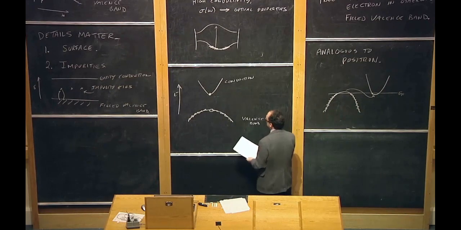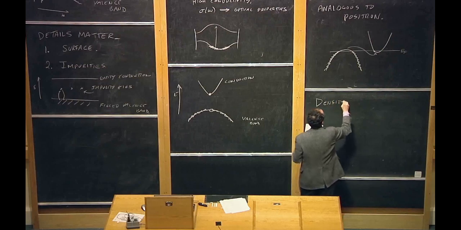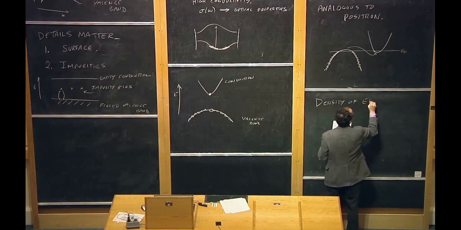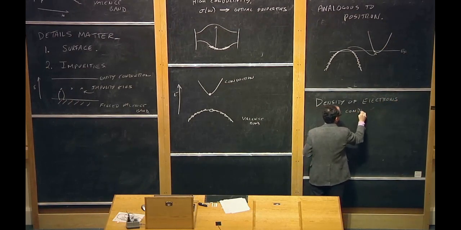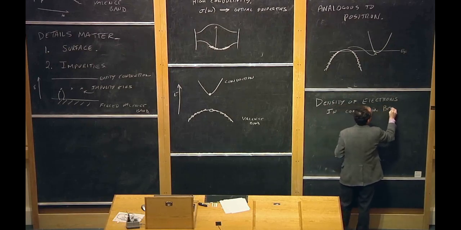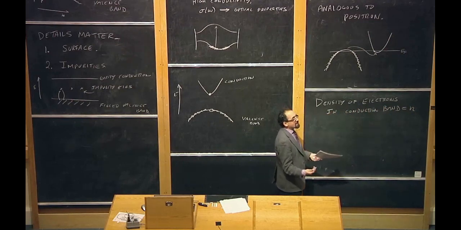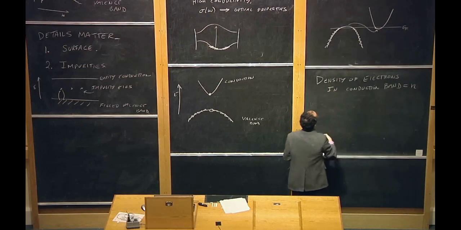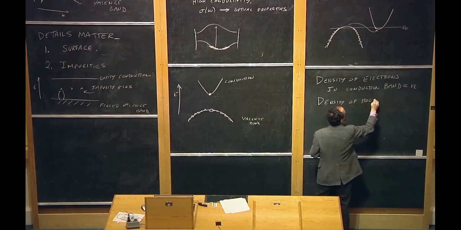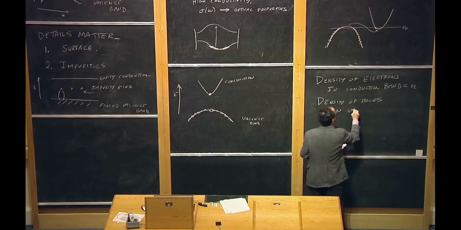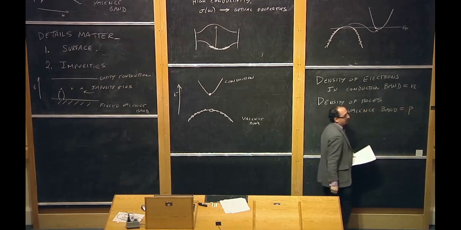Now, some useful nomenclature: the density of electrons in the conduction band is usually called N, and it's called N not for number, but for negative charge, because the electrons have negative charge, whereas the density of holes in the valence band equals P. P for positive charge.